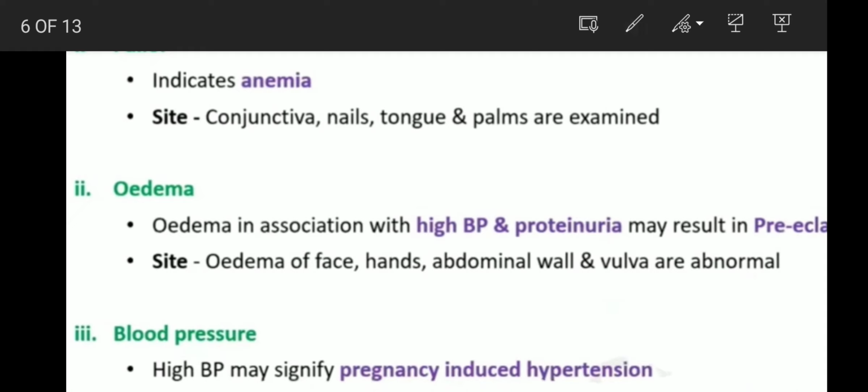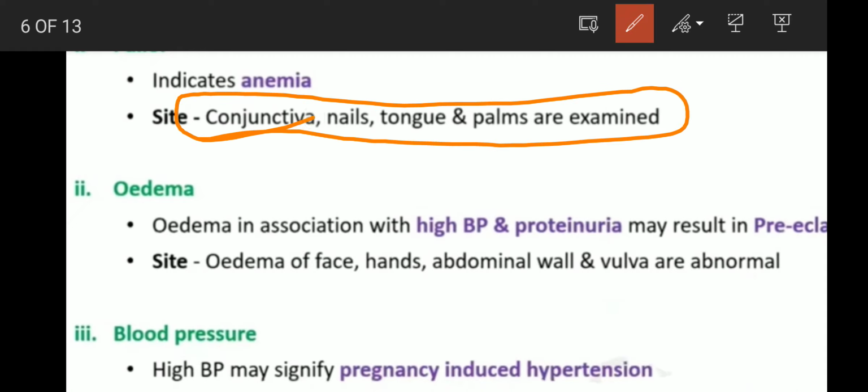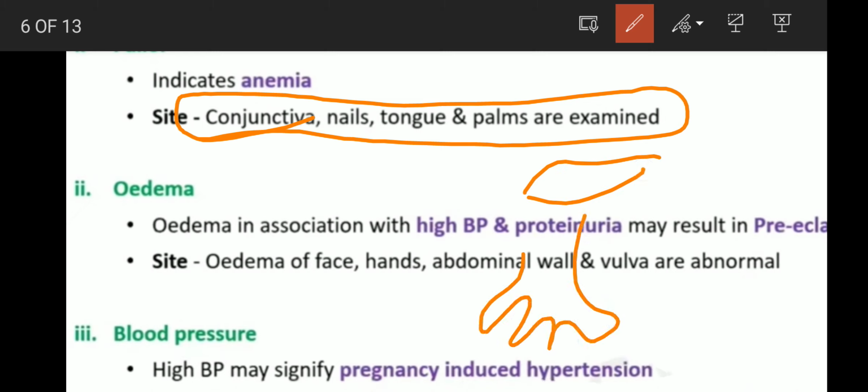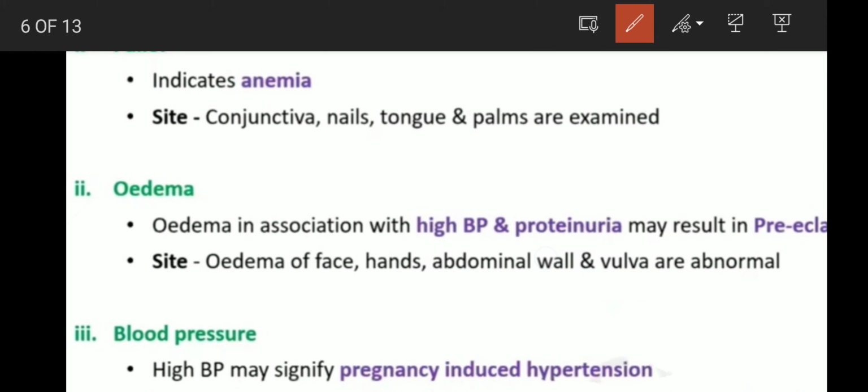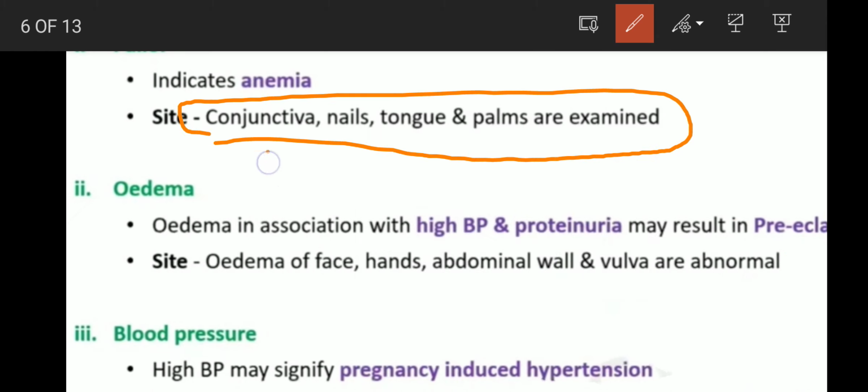How do we find out if pallor is there? Conjunctiva, nails and palms, and in the mouth we see the tongue as well as the oral mucosa. So how can you remember? Conjunctiva, tongue and mouth, oral mucosa, and palms and nails are examined.